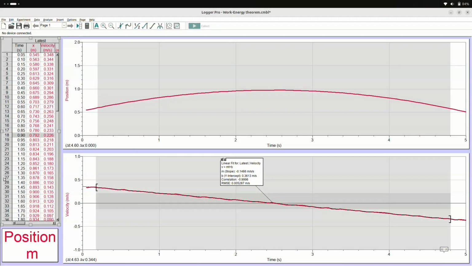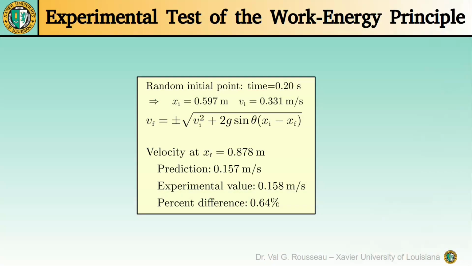Let us take another final position of 0.878 meters. The experimental final speed is 0.158 meters per second, and our formula predicts a speed of 0.157 meters per second. The percent difference is 0.64%, which again is really good.